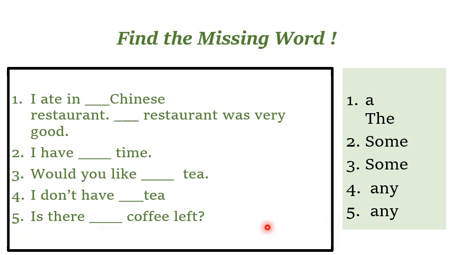So why are we using them this way? Why don't I say here I have a time or I have the time, etc.? What would help me identify when to use a, the, some, or any? Here we go.